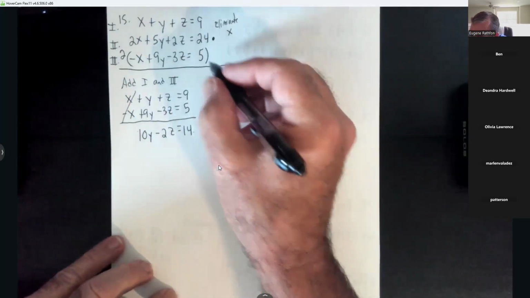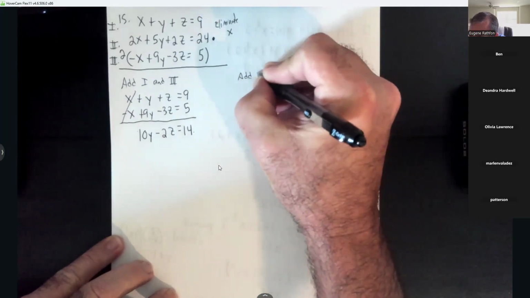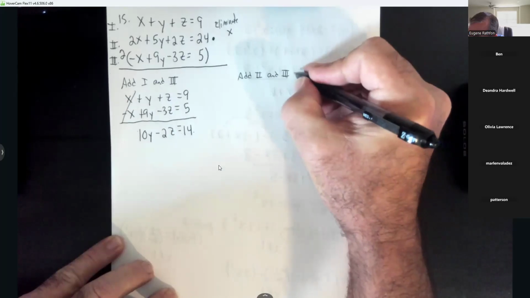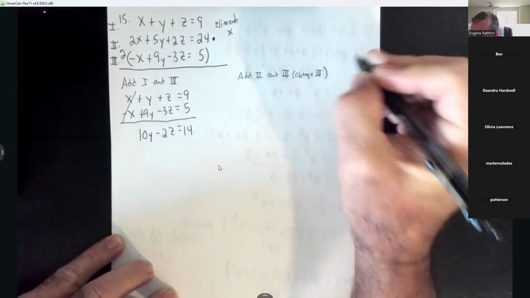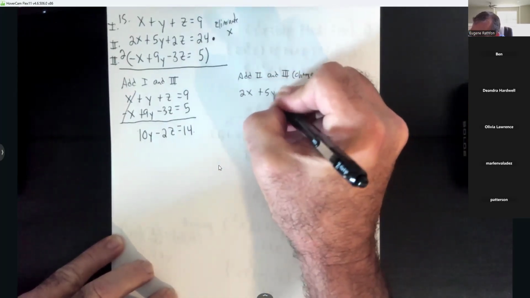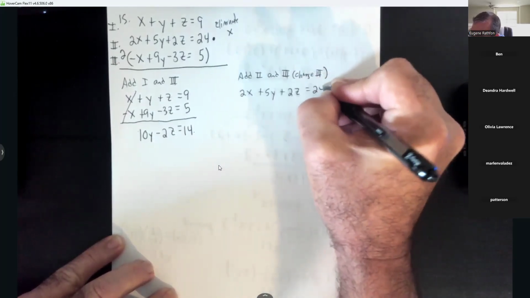All right, y'all, so let me bring down my second row real quick. So I'm going to add 2 and 3, and then I got to change 3, remember. All right, so I'm going to bring down my 2x plus 5y plus 2z equal 24.